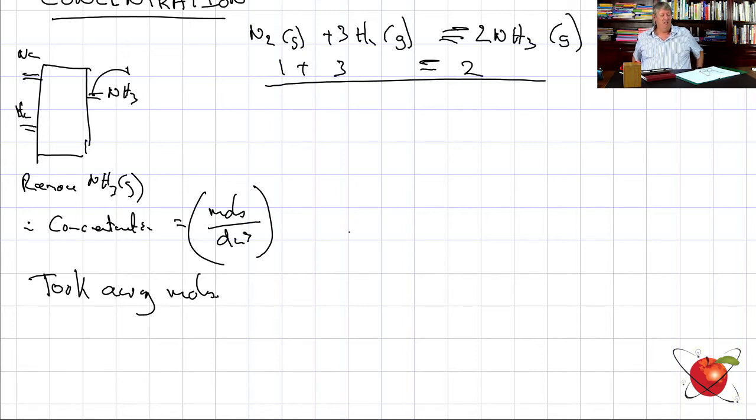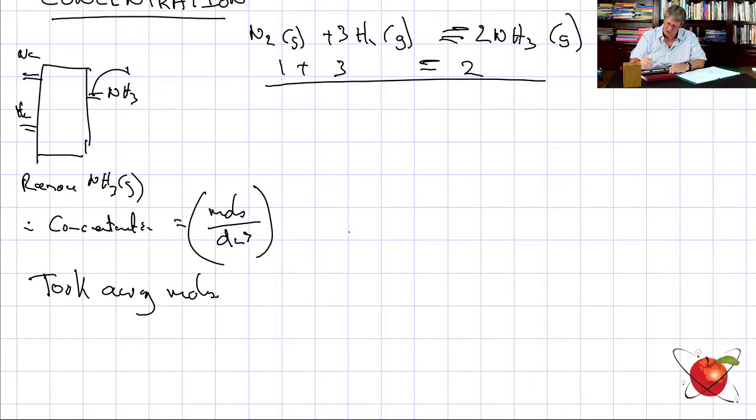Therefore, Le Chatelier says, you have affected my equilibrium. You've taken it away. What do I need to do? The reaction will thus produce more product. The reaction will tend to want to go back to equilibrium.